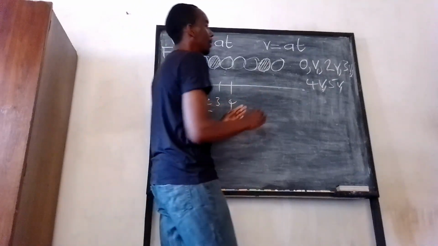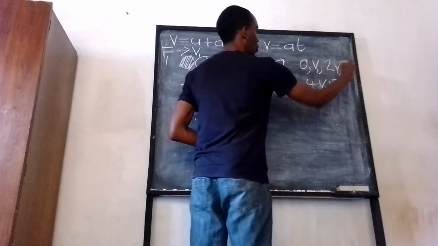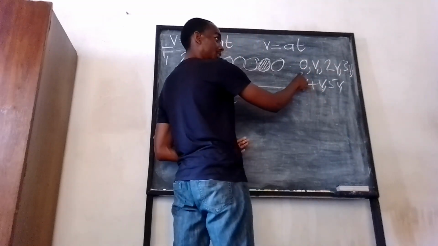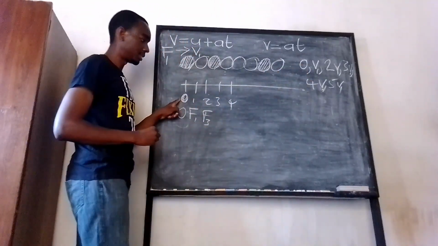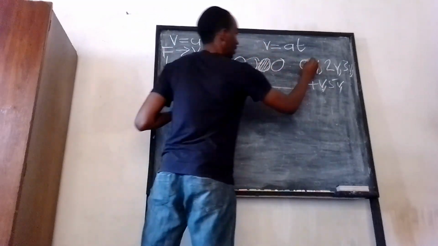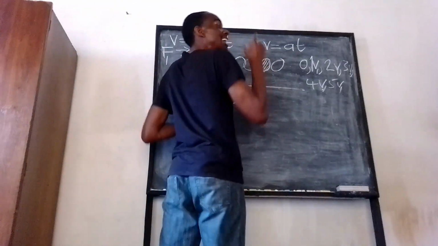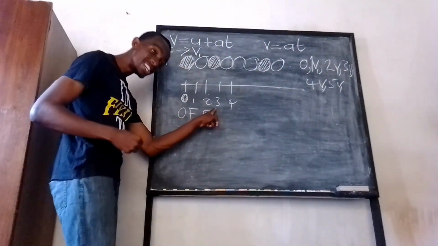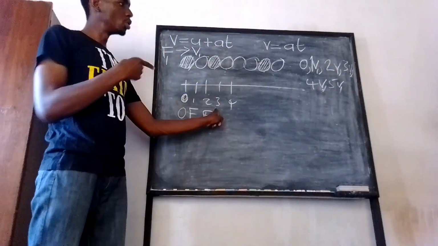So I want you to look at something. We want to see a pattern in the values that follow after certain instances in time. At t is equal to 0, we've got 0 velocity. At t is equal to 1, we've got 1v1. At t is equal to 2, we've got 2v1. At t is equal to 3, we've got 3v1. You notice the pattern.